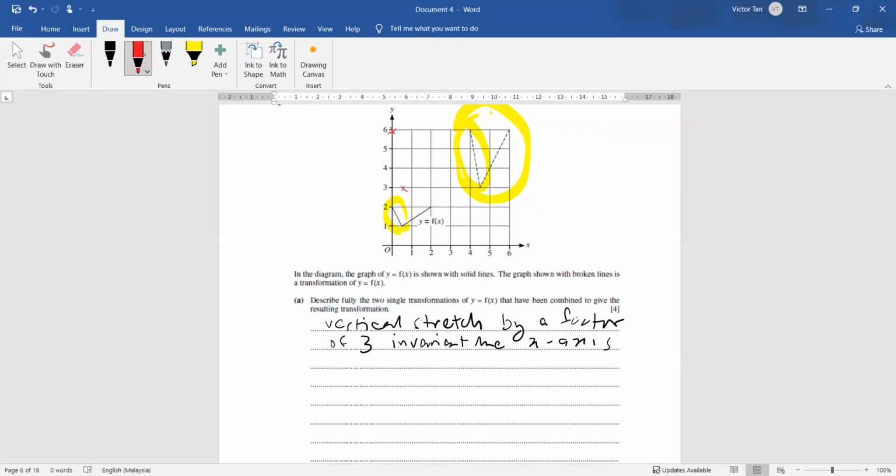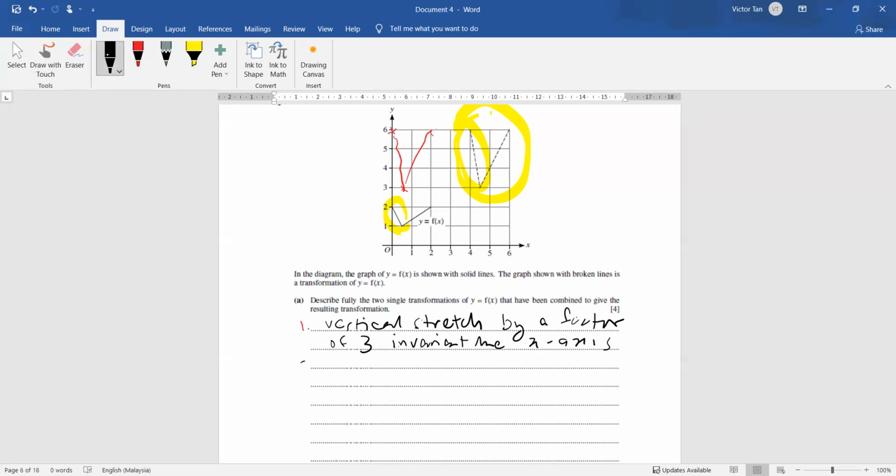This point will move up by 3, and this one also moves to 6. So after the stretch, you have this. This is the first transformation.